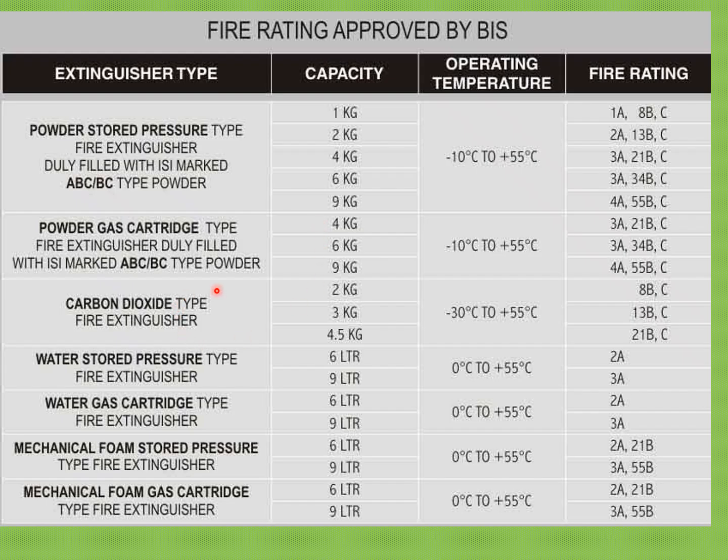Carbon dioxide type fire extinguisher is available from 2 to 4.5 kg. Water stored pressure type fire extinguishers are available in 6 or 9 liter capacity, and similarly mechanical foam stored pressure in 6 and 9 liter, and mechanical foam gas cartridge available in 6 and 9 liter of different categories.